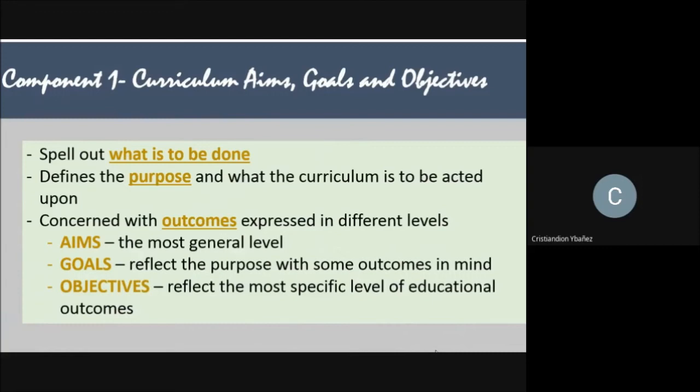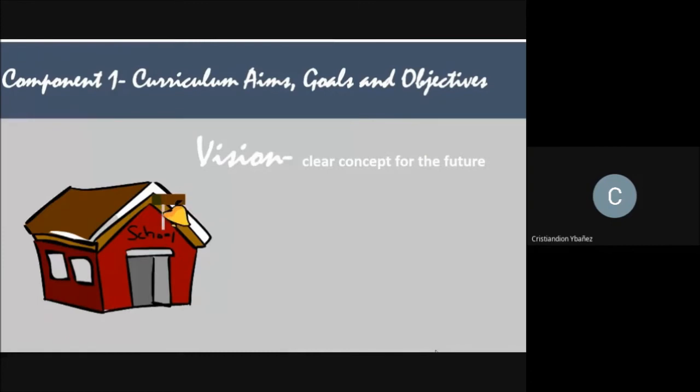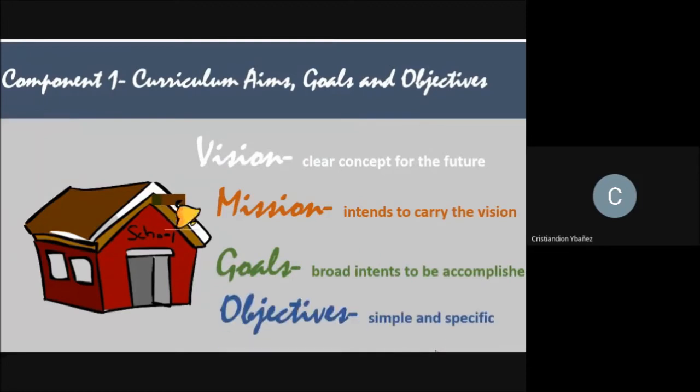It clearly defines the purpose of what the curriculum is to be acted upon, and it is concerned with outcomes that are expressed in different levels like aims, that is the most general. Based on the mandate of the constitution, each school therefore should be guided by its vision, mission, goals, and objectives.